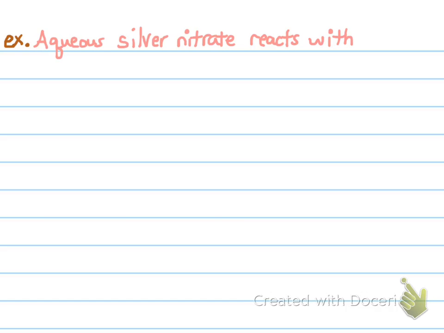So let's take a look at an example. To get there, we're still going to go through all the steps we've been doing to write and balance chemical equations. So of course, I'm going to give you a sentence. Aqueous silver nitrate reacts with aqueous sodium chloride.